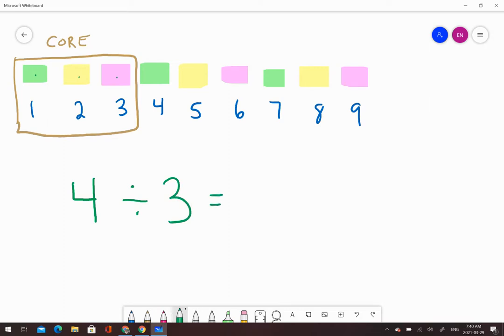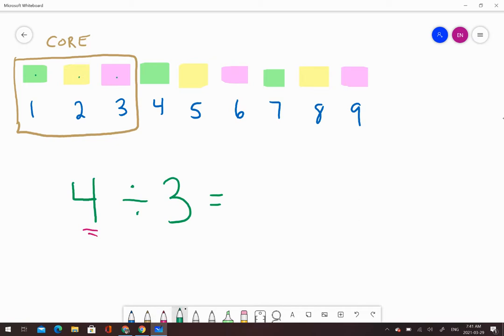Now, when I'm dividing, I might get a remainder. I might have some that are left over, and that's going to help me determine which color my term is. So I know that 3 times 1 is 3, and I know that 3 times 2 is 6, but I'm looking for 4, so 6 is too big.